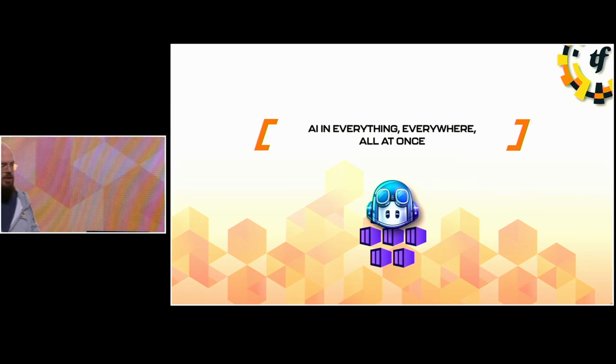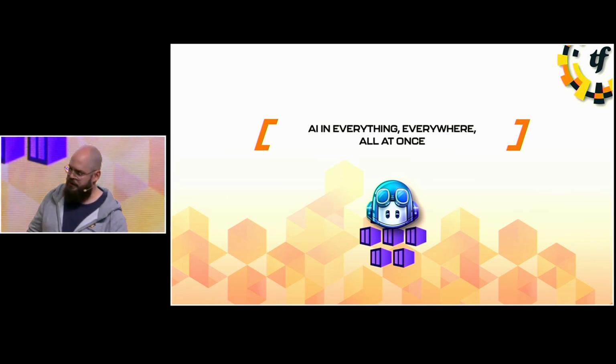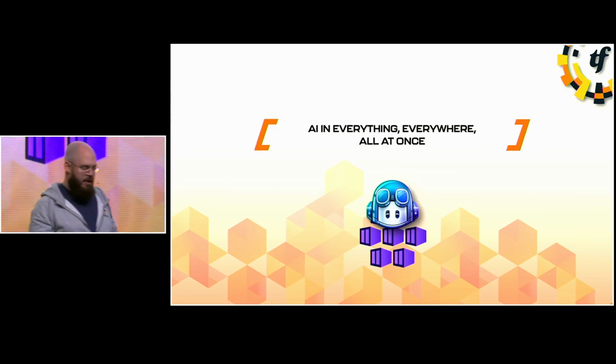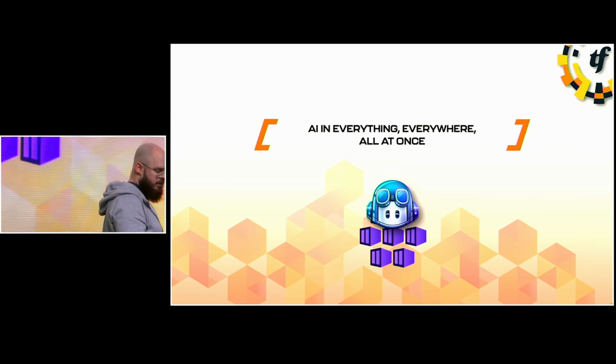So as you can see, we now can put AI in everything, everywhere, and all at once by simply adapting legacy applications and advancing them by the use of AI. This is something as simple as a chatbot, but you can imagine all the other things that you can do.